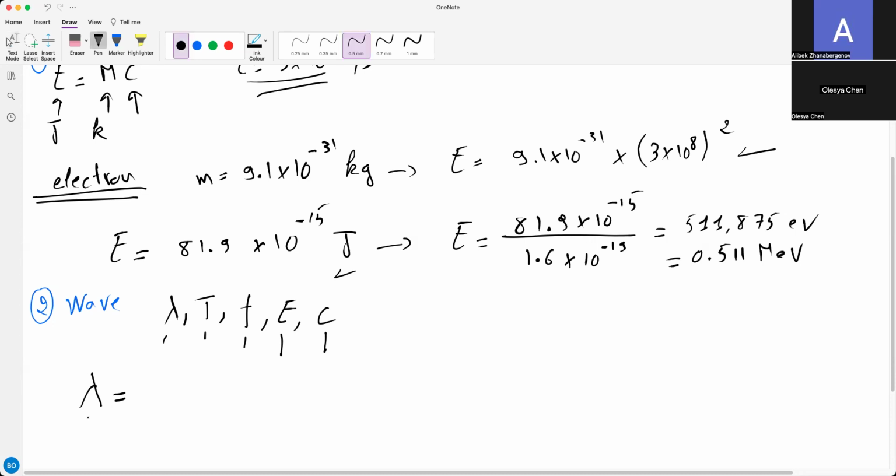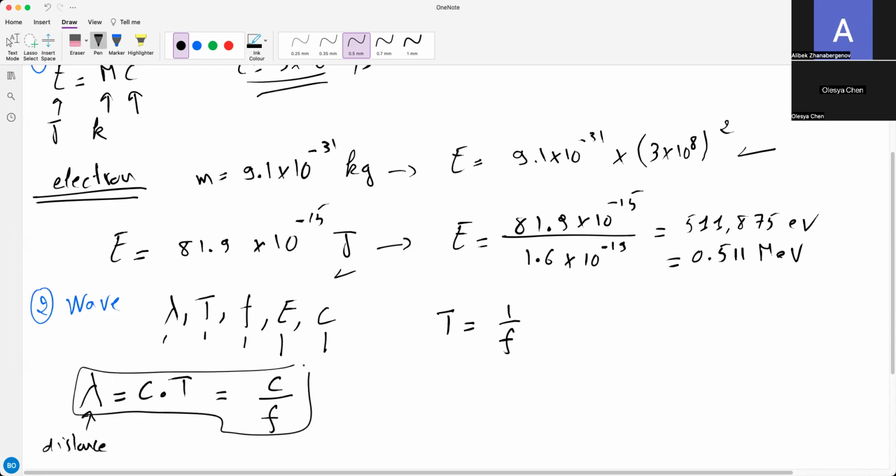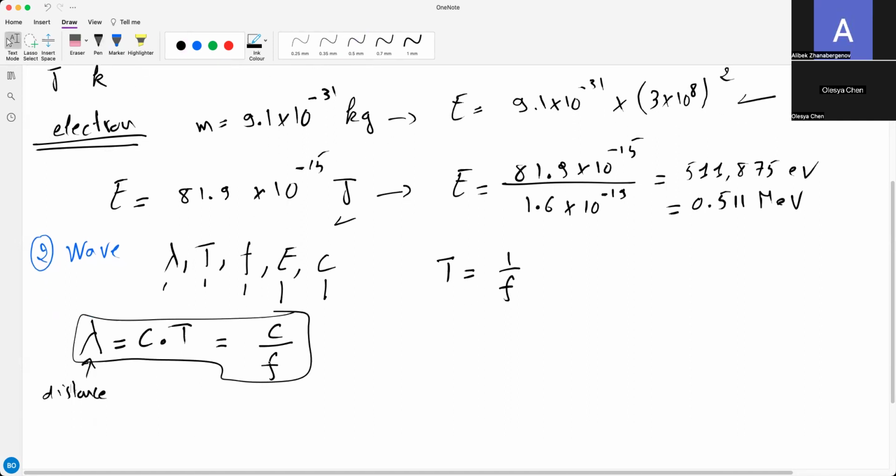The wavelength is the distance traveled by the wave in one period, so it is equal to the speed of the wave times T. Now we know that the period is equal to 1 over the frequency. So this means that lambda can also be c divided by the frequency. This is the relationship between the wavelength, the period, and the frequency.